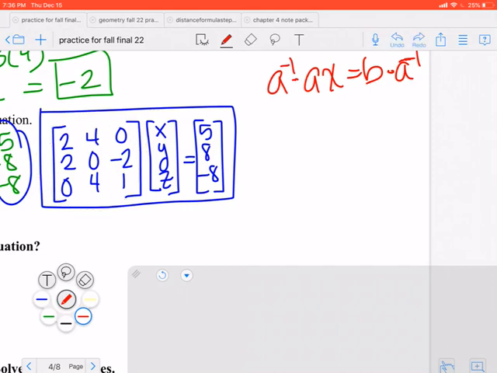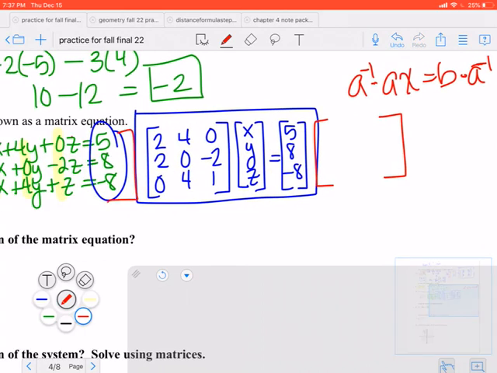And so then you have to just think about your dimensions. If we multiply both sides by the inverse, the inverses times each other give you the identity matrix, so they would cancel.